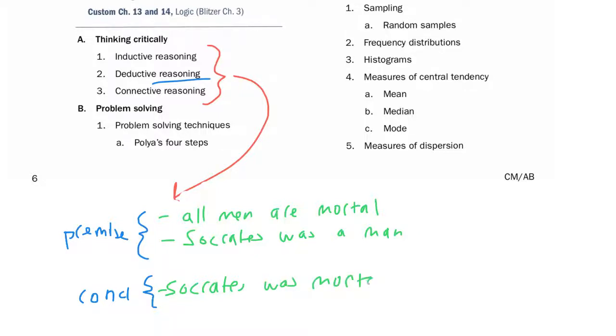So once again, deductive reasoning brings you from premises, so you have these assumptions, and of course, you have to just assume that these are true, and then it logically follows with a conclusion based on the assumptions. There's a lot more to say about that, talking about the difference between valid and invalid arguments and so on. But I'm not seeing, based on the practice test from the Contemporary Math test, that you really need to get too deep into this. So I'm going to just move on for now.